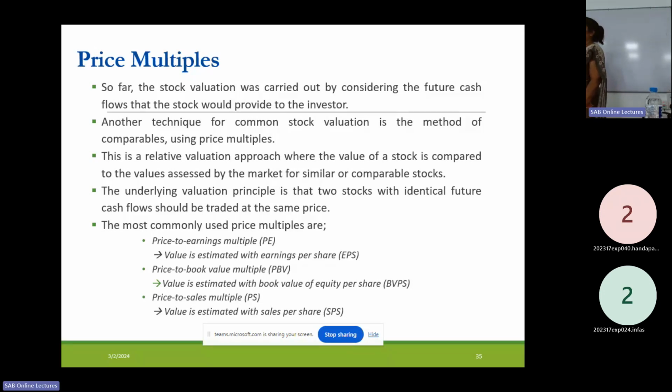This is based on the variable earnings, profit, right? If you take the price to book value multiple, say it is 10, what is the meaning? For 1 rupee of book value of equity, investors would pay 10 rupees. When the price to earnings multiple is increasing, it is a good, positive indicator.